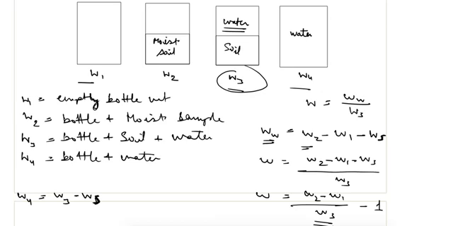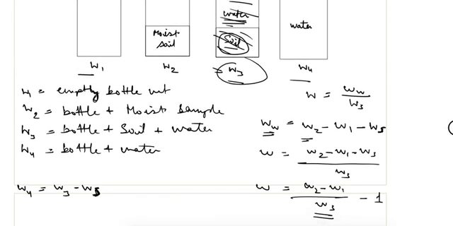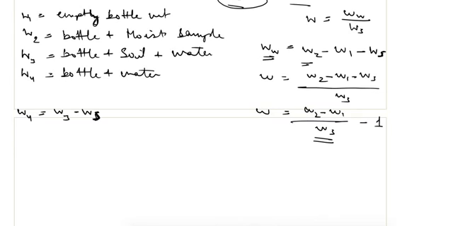So what we are doing here is, in the reading W3, if I remove the soil part, this much part of water will remain. And if I replace this part with water, so I'm removing the soil and replacing it with water. So whatever volume we are getting for the soil, that volume should be filled with water. So we can use the specific gravity here.